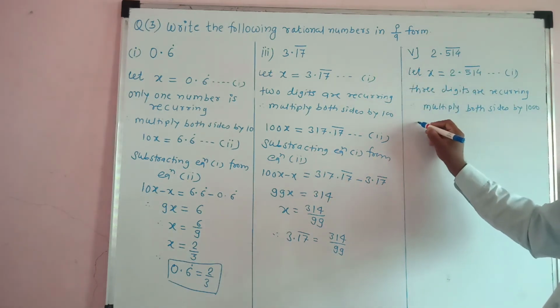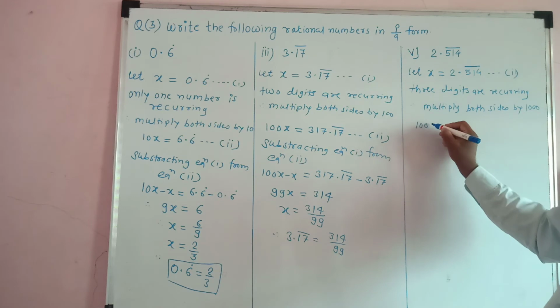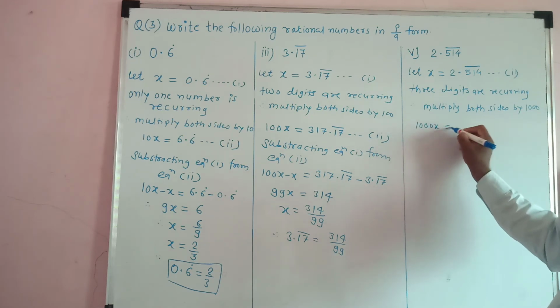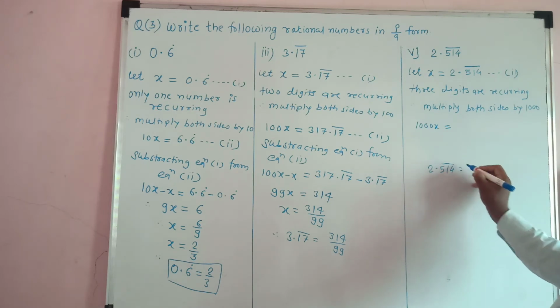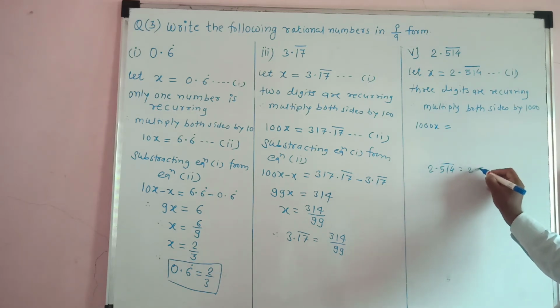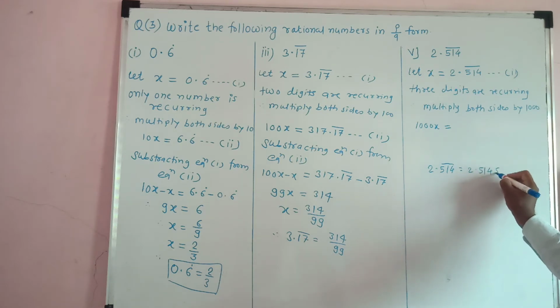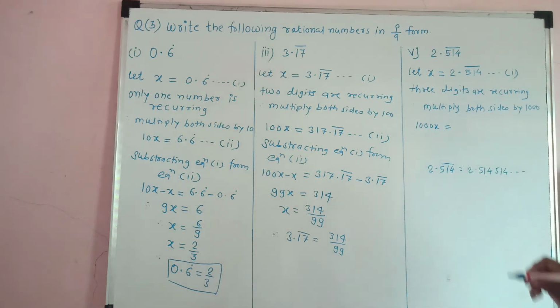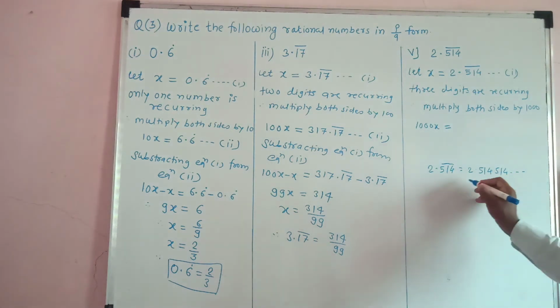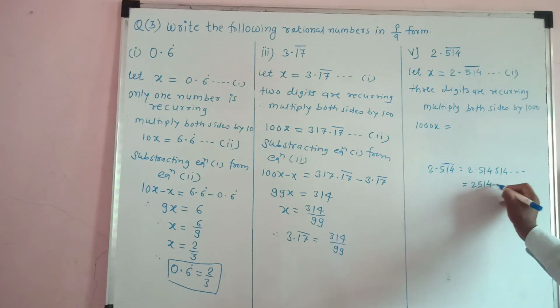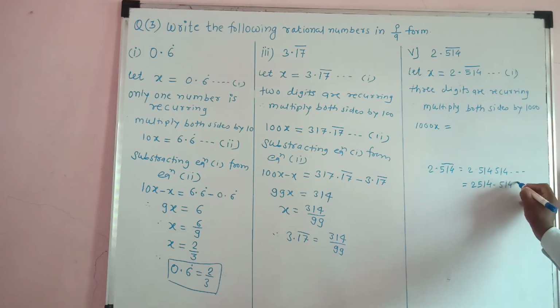Therefore 1000 into x will be 1000x is equal to, now 2.514 bar can be written as 2.514514 and so on. If we multiply this number by 1000, we get 2514.514 and so on.